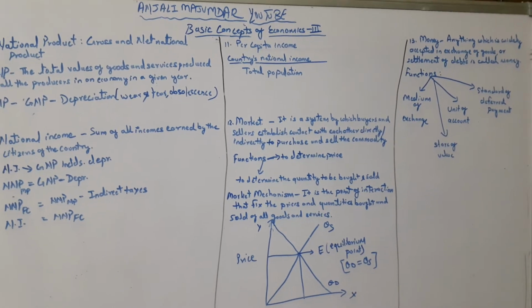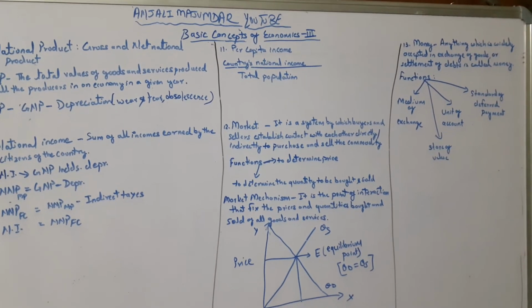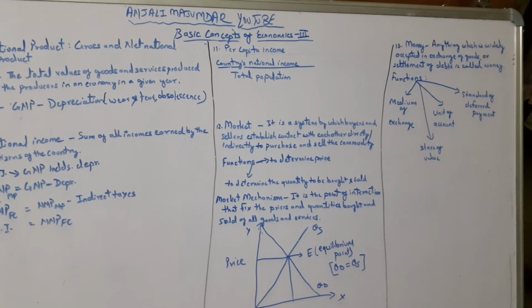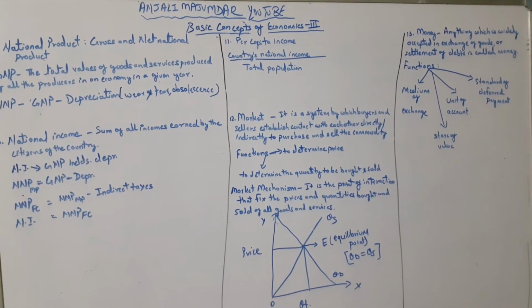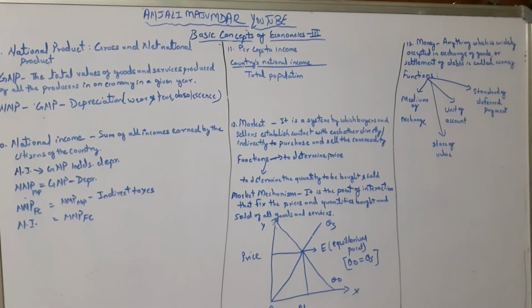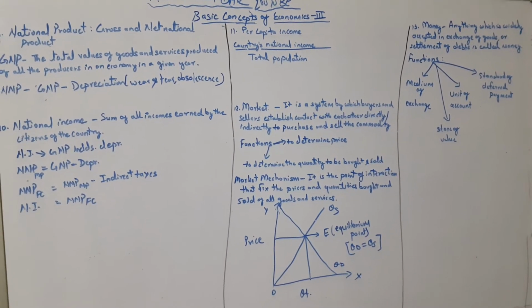So in this way the barter system fails. Here money becomes an easy medium of exchange, where I can go, pay money and get my desired product. So here money is acting as a medium of exchange.